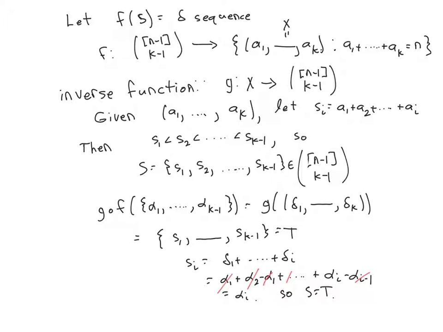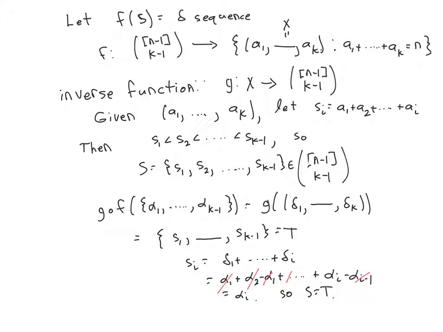And so in particular, g composed with f takes this set back to itself, because these s_i's are just alpha i's. So it's the same set.